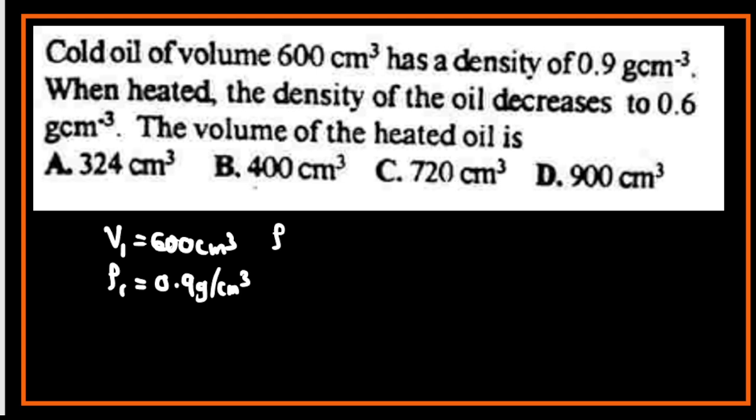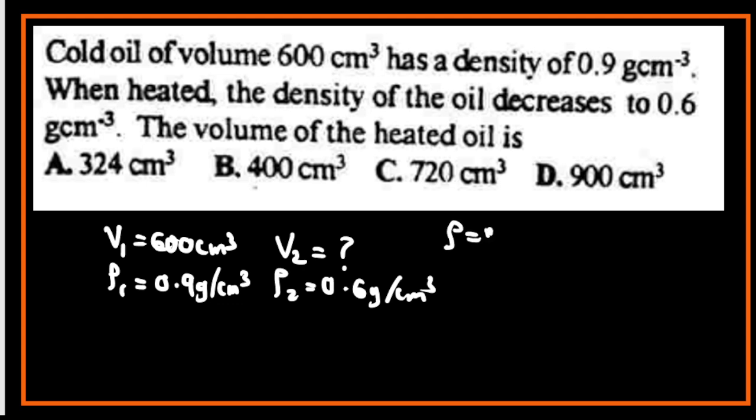So that's the second density, rho 2, given as 0.6 gram per cm cube. So the question is asking to find V2. By looking at this, just by inspection, I can tell the answer is 900. Let's find out.